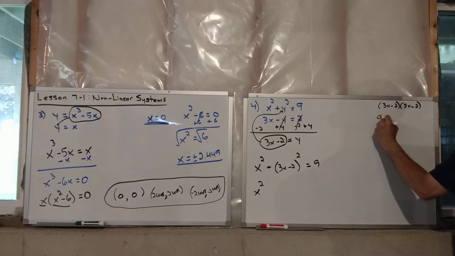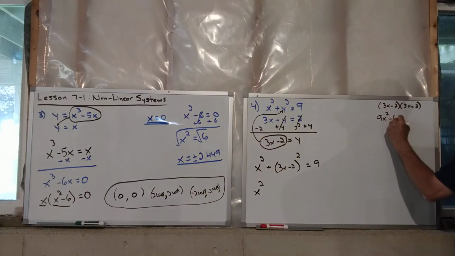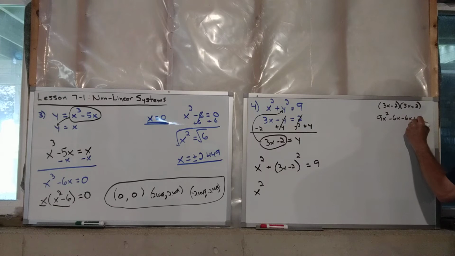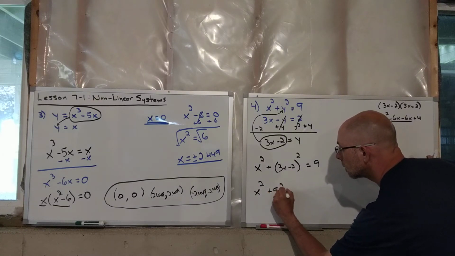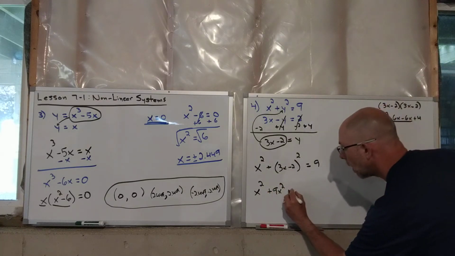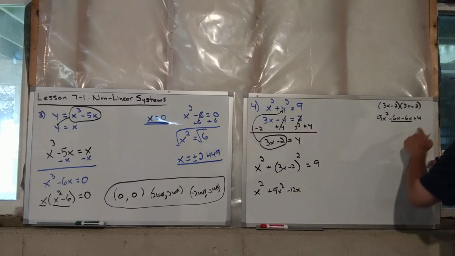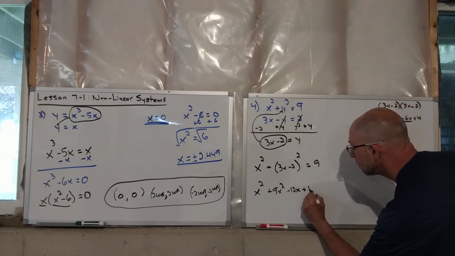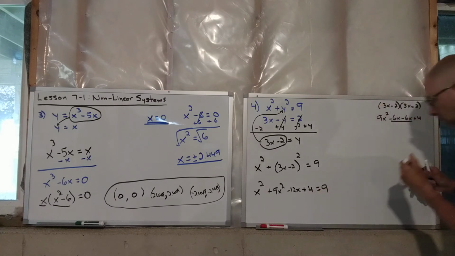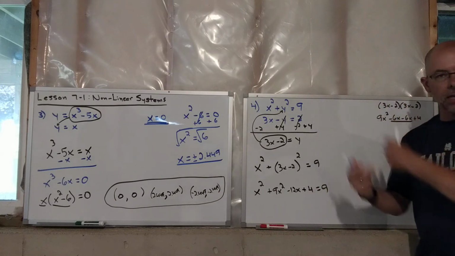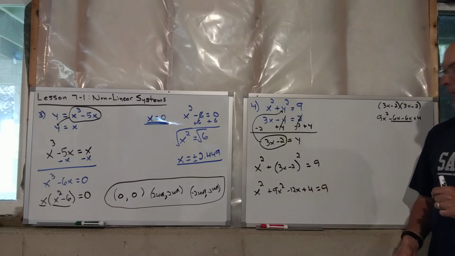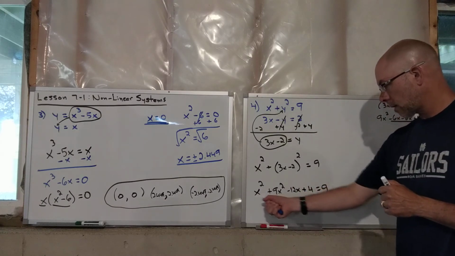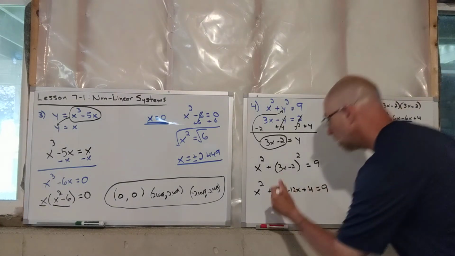That becomes 9x squared minus 6x minus 6x plus 4, which when combined gives me 9x squared minus 12x plus 4 equals 9. Okay, so that's some of the tedious, messy stuff. We have to organize this and get ready to solve it. First of all, combine like terms. X squared and 9x squared is 10x squared.